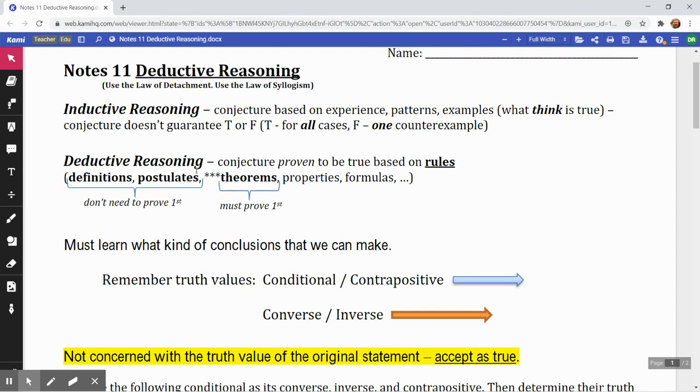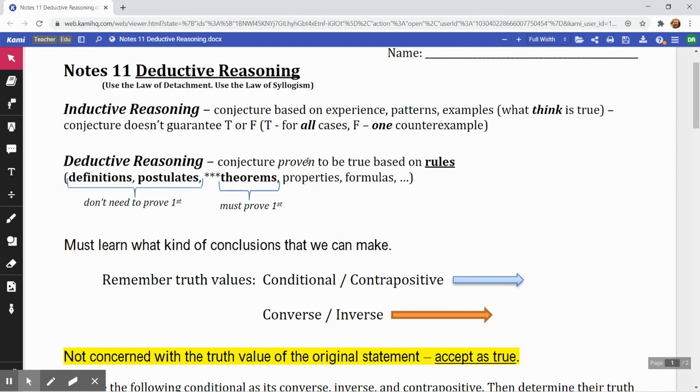So deductive reasoning isn't solely based on observation, but rather on knowledge that we know has to be true. So what we're going to be doing here is looking at scenarios and trying to prove that something has to be a certain way based on information that we either know or information that we're given. So it's kind of like applying rules of geometry, rules of things that we know apply to the situation.